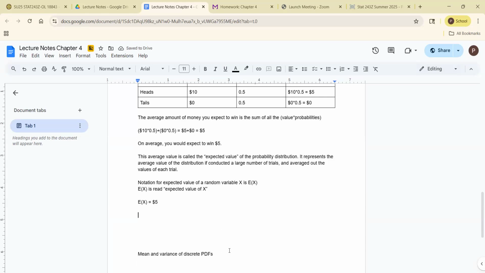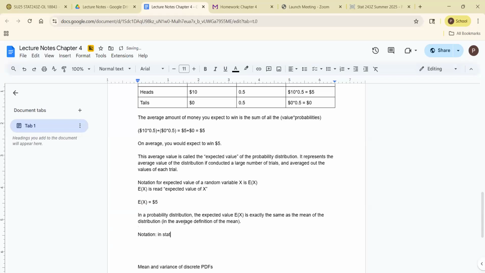A couple of things to keep in mind. In a probability distribution, the expected value, E of x, is exactly the same as the mean of the distribution, in the average sense. So when you ask what the expected value of a distribution is, you're asking for the mean.